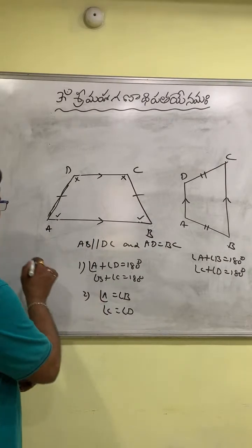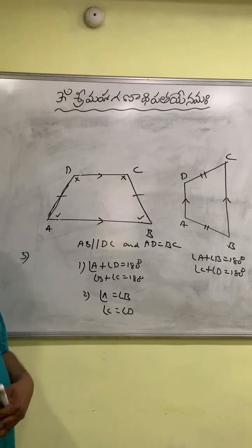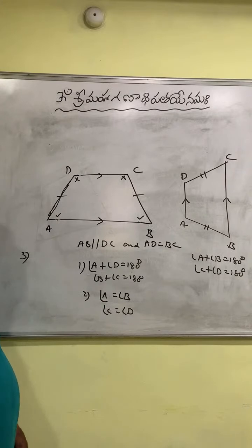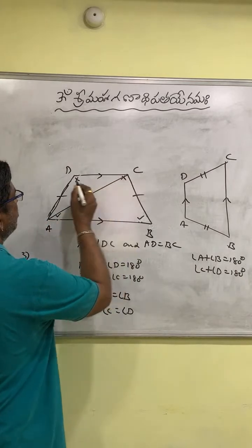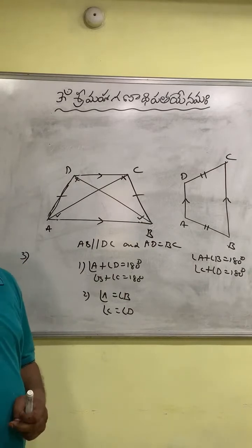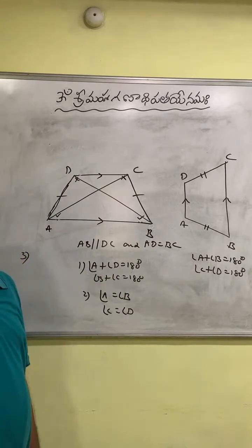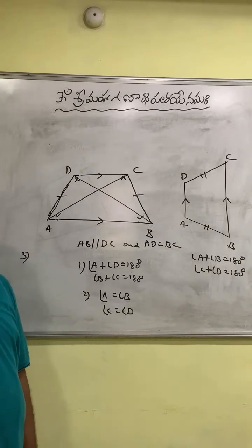Third property, diagonals are equal. Diagonals are not divides.